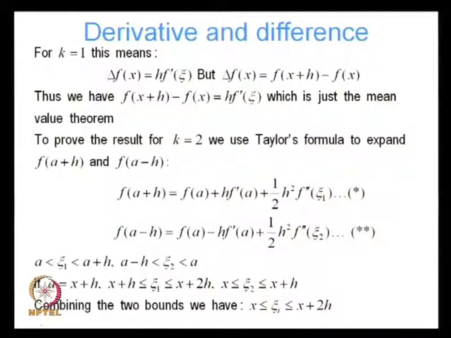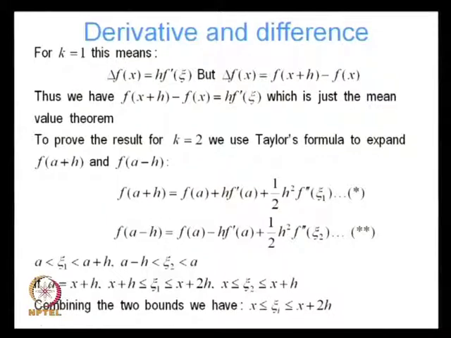So, to prove the result for k equal to 2, we use Taylor's formula to expand f of a plus h and f of a minus h, and we will define a in terms of x later on, but for the time being let us look at f of a plus h and f of a minus h.